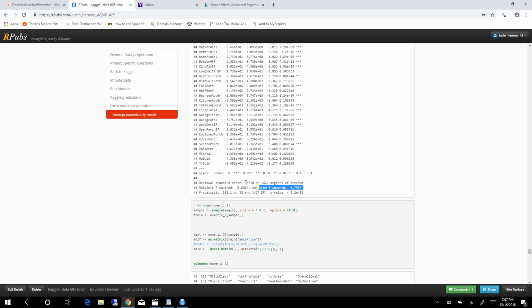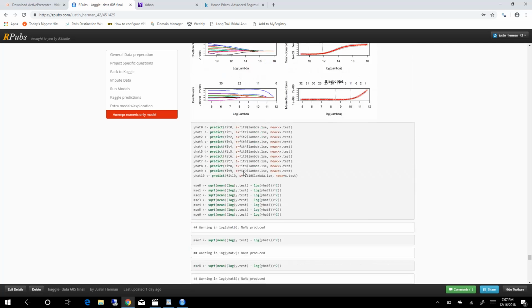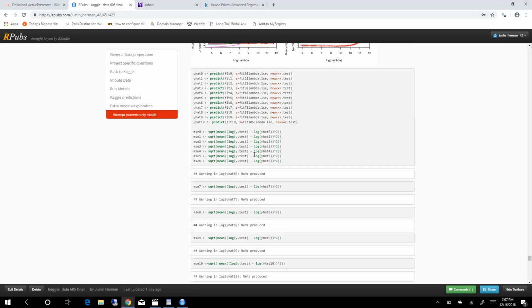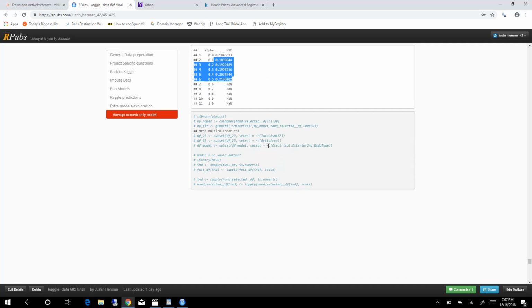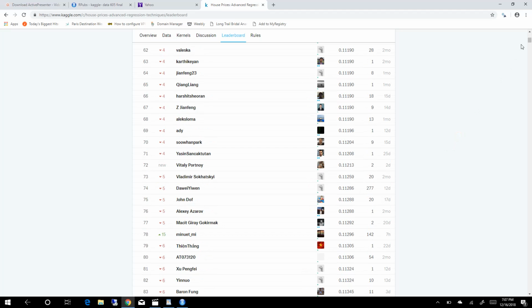I think its predictive power was lower. So I didn't go with that either. I even tried to plug in those numeric models into the elastic net. And even here, you can see the mean squared error was once again worse. So there was no getting better results.